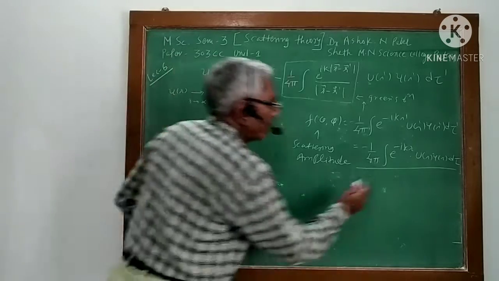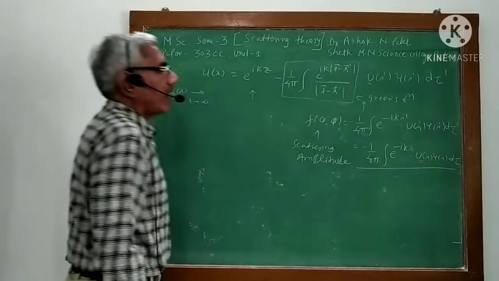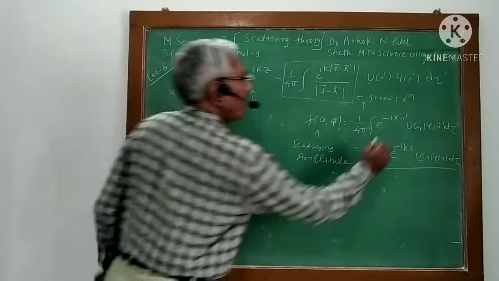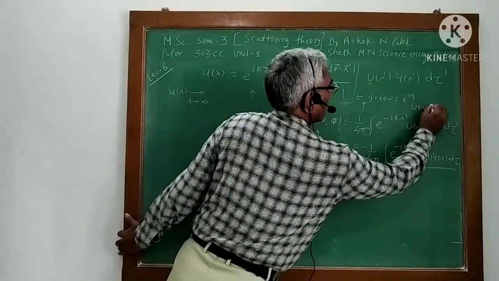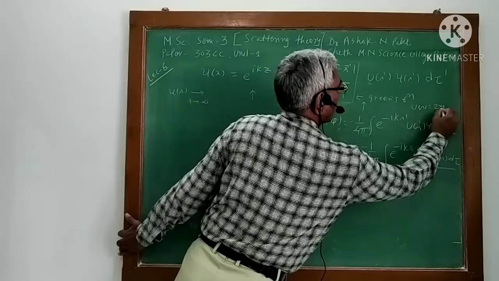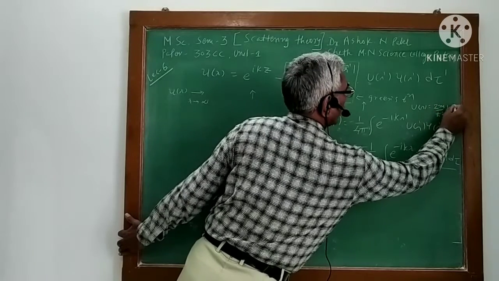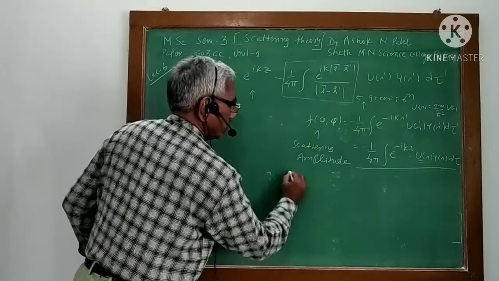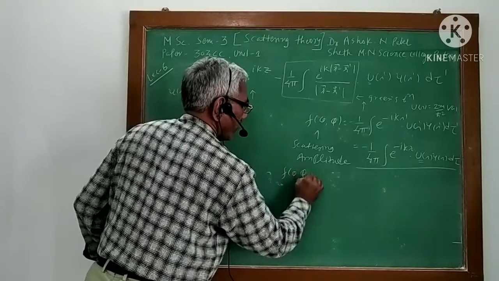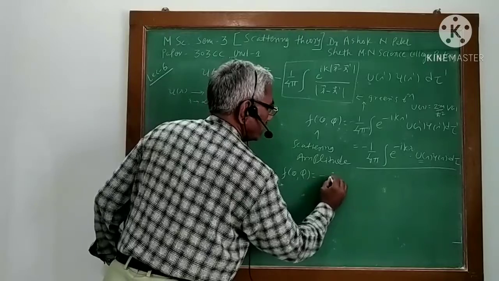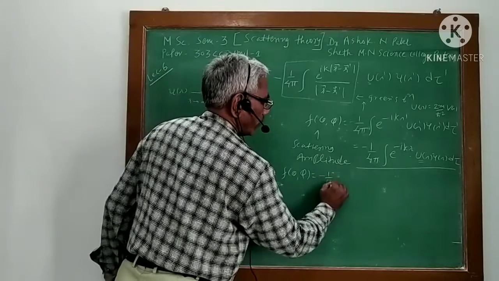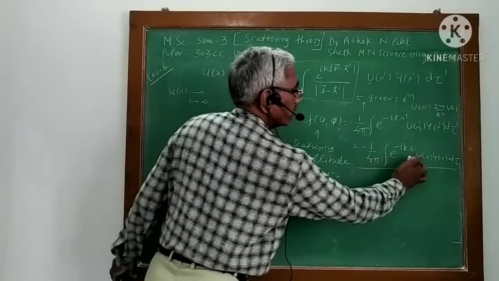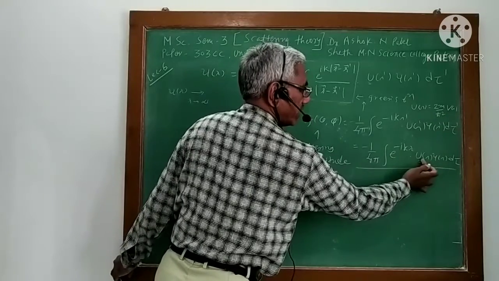Now this is UR, and I defined UR as 2m by h cross square VR. So substitute this value over here. Now my f theta phi is equal to minus 1 upon 4 pi into V, that will remain inside.